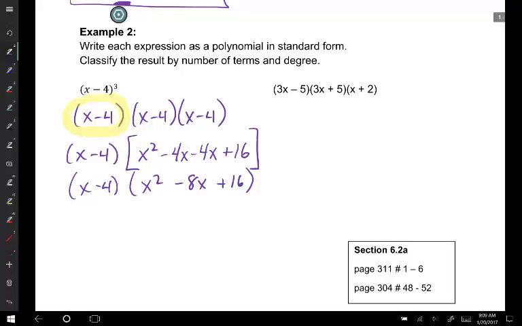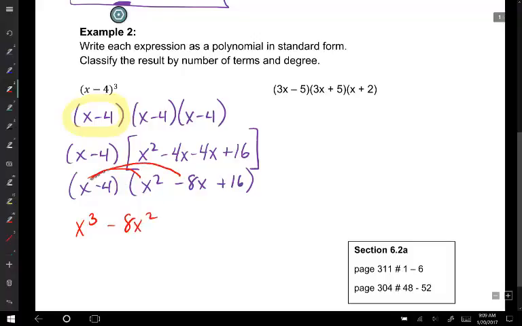Now we have x minus 4 times the trinomial. Layla, Anna, and Megan, can you do this line? X times x squared, x cubed, x times negative 8x, negative 8x squared, x times 16, 16x. Okay, now let's do the other one. Negative 4 times x squared, negative 4x squared.